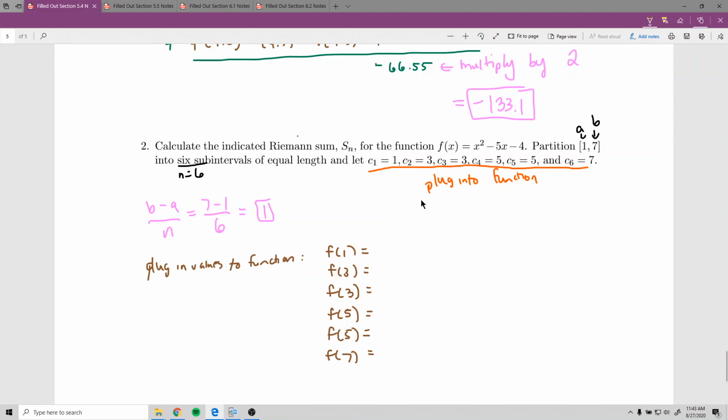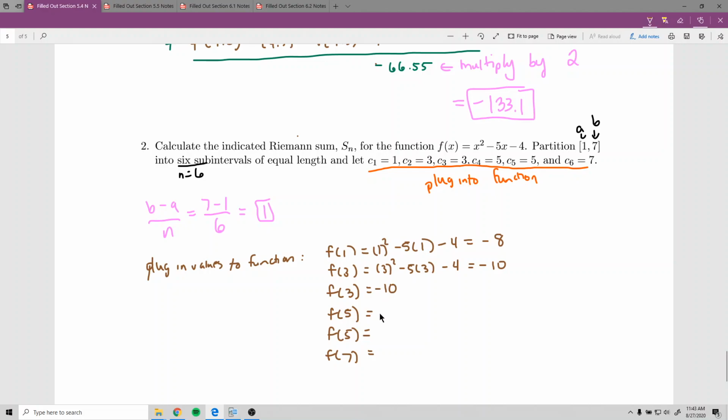All right, so plug in 1, we get 1 squared minus 5 times 1 minus 4. And what is that? That is negative 8. Plug in 3, we get 3 squared minus 5 times 3 minus 4. That's 9 minus 15 is negative 6 minus 4 is negative 10. Now, of course, we don't need to plug it in again, we know if we plug in 3, we're going to get negative 10.